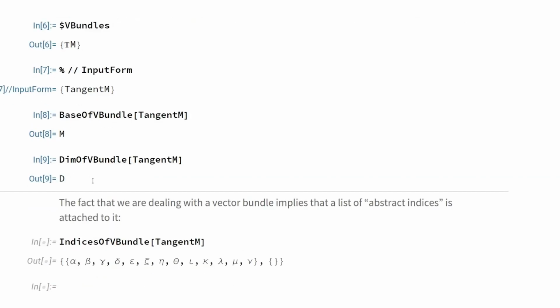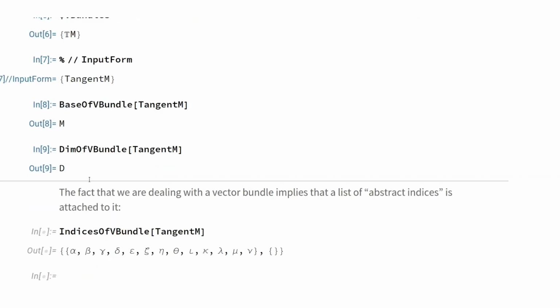In this case, it coincides with the dimension of the manifold. The fact that this is a vector bundle implies that we can attach a list of abstract indices to it. In this case, I'm going to use Greek indices as the abstract indices for the tangent bundle.